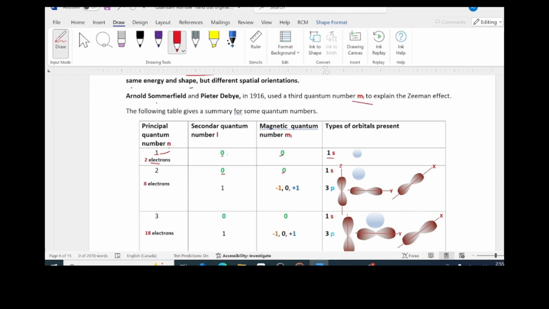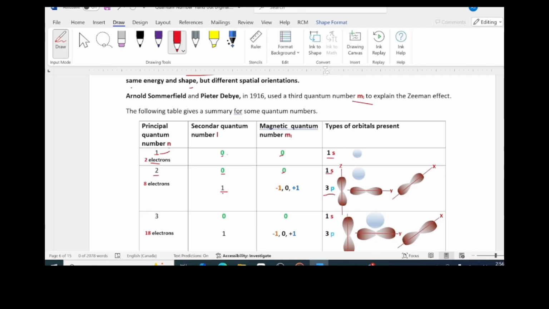Okay? For the second principal quantum number, n equals 2, of course, you have 8 electrons. So 2 of these will be in the s orbital, and 6 of them will be in these 3 p orbitals. All p orbitals will have a secondary quantum number L equals 1.